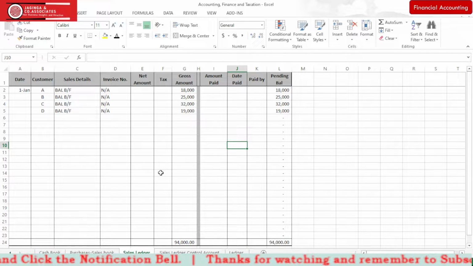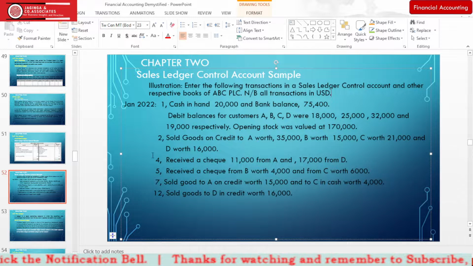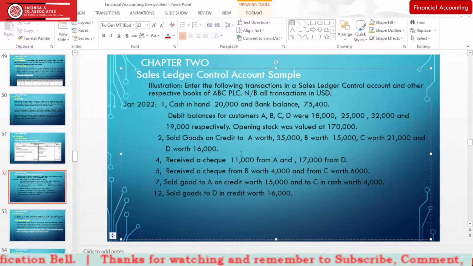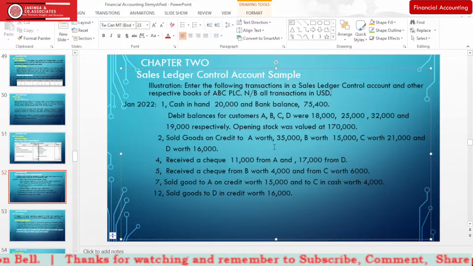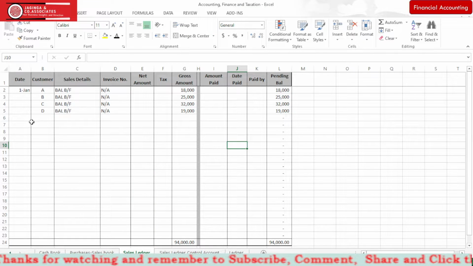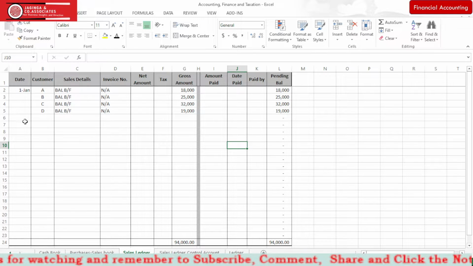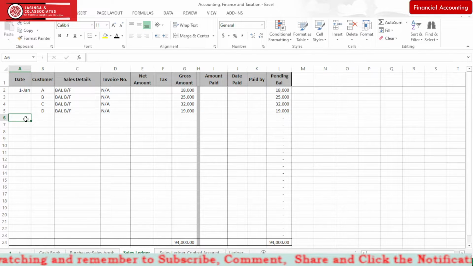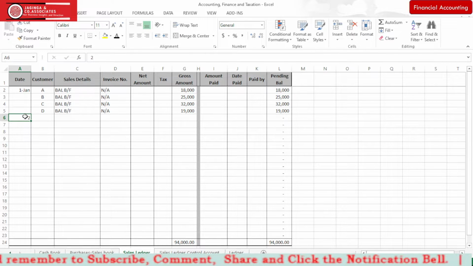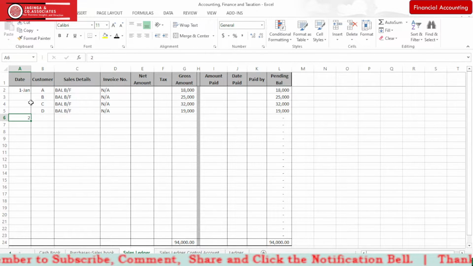So let's continue with the second transaction. We are being told that on the 2nd of January 2022, he sold goods on credit to A at 35,000. So here we are seeing 2nd of January, right here. Let's just write here 2nd. So this is 2nd January.